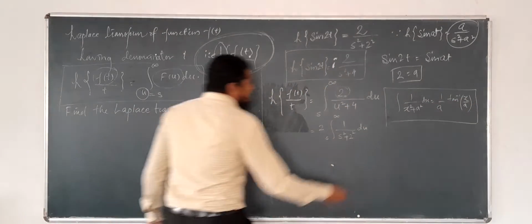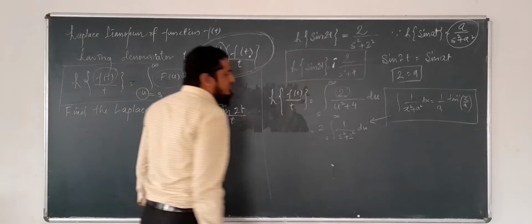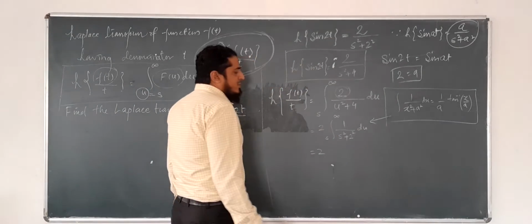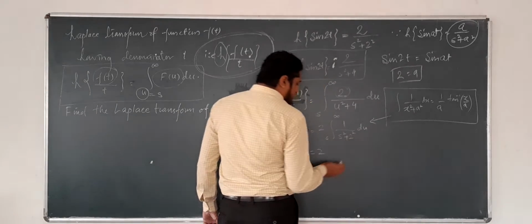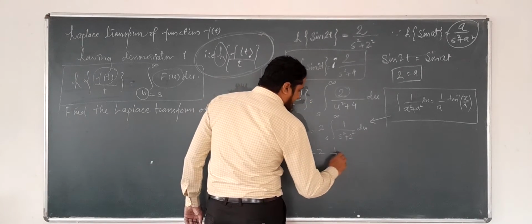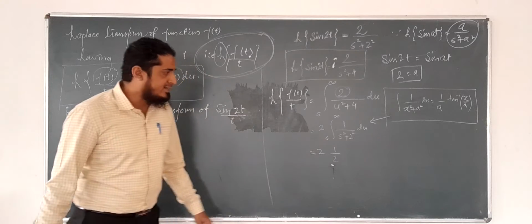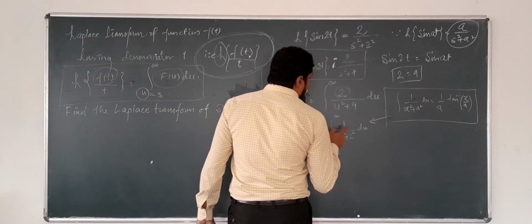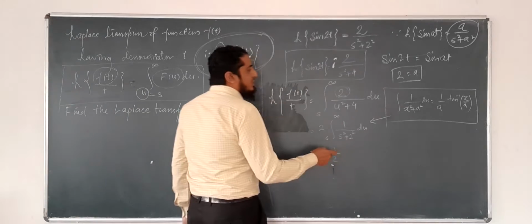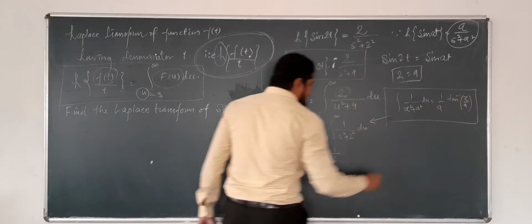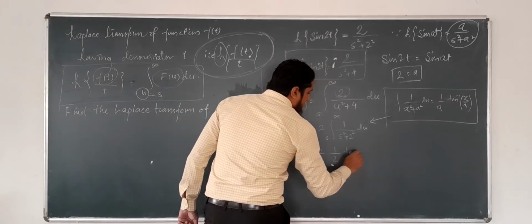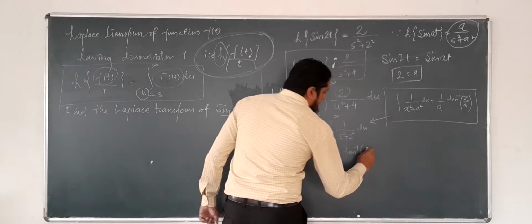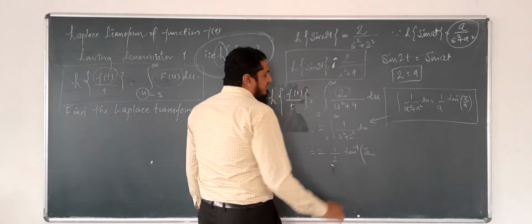Now we can apply this formula to this example also. Here a is 2, so we get 1 upon 2. Correct? Taking the integration of 1 upon x square plus 2 square, we get 1 upon a tan inverse of x upon a, where a means 2.